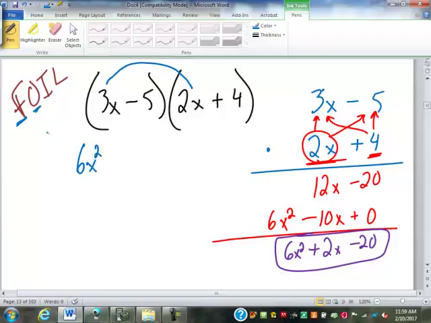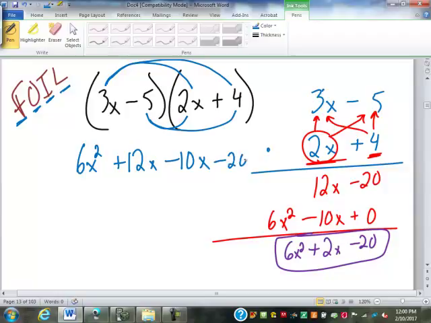What's the O stand for? Outside. So it's the outside two digits. 3x times 4 makes positive 12x. The I stands for inside. Negative 5 times 2x is negative 10x. Then the L? Last. So negative 5 times 4 is negative 20.